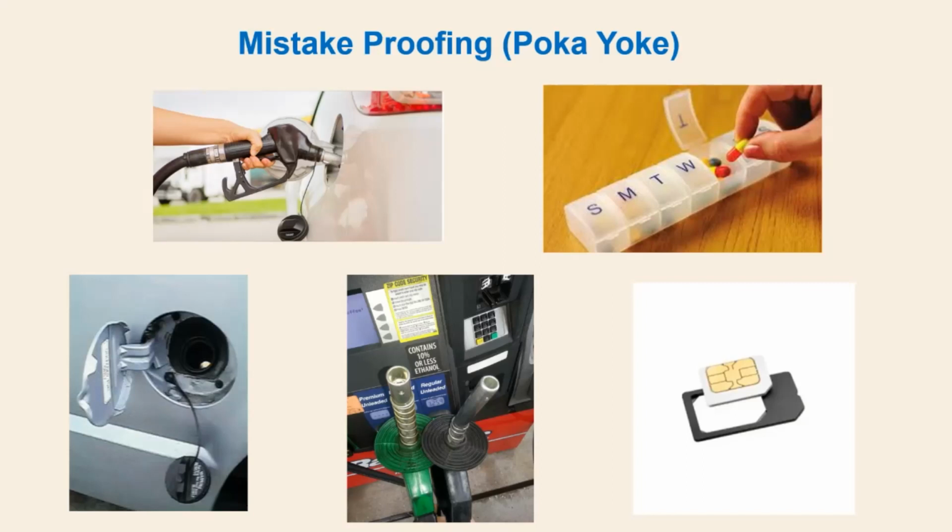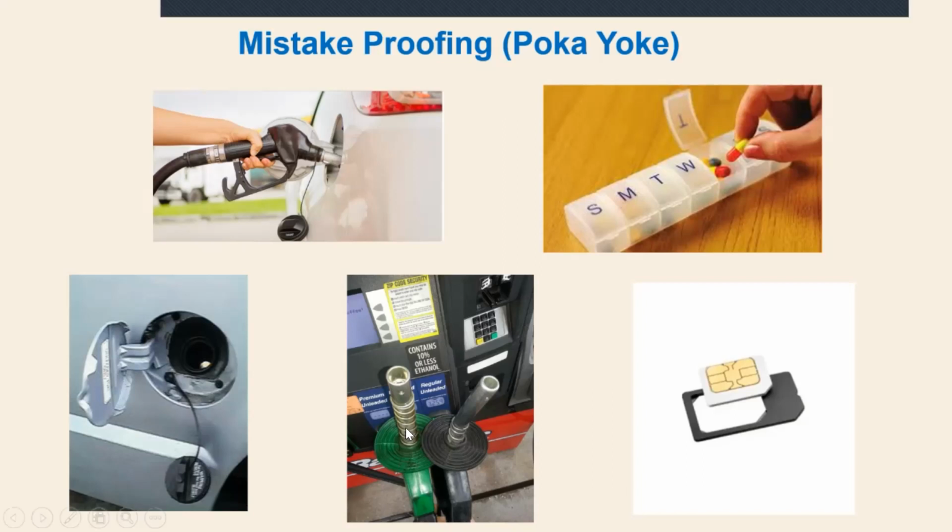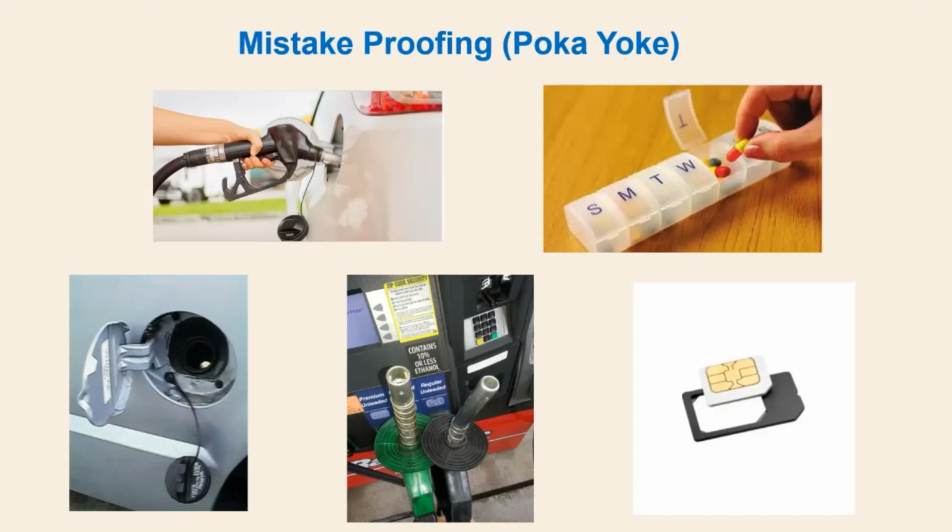And then the other example in this one, usually we have petrol cars and diesel cars, and when you go to the fuel station, sometimes these people will pump diesel into a petrol car.